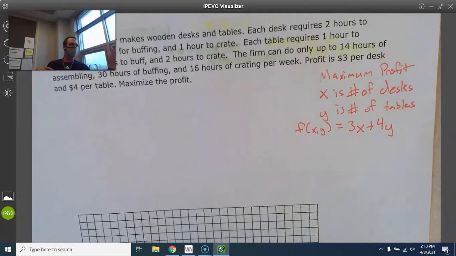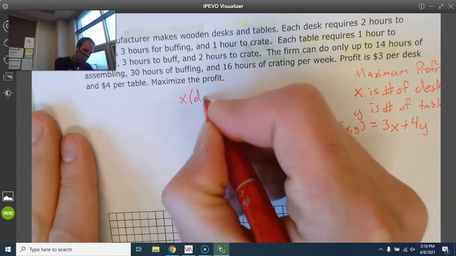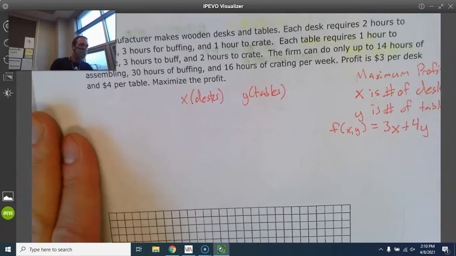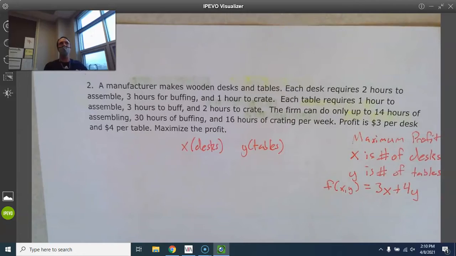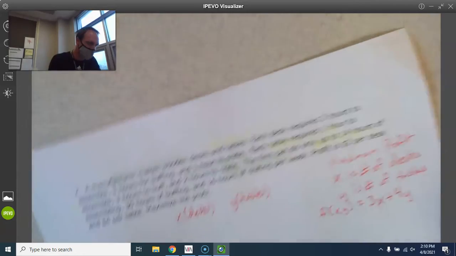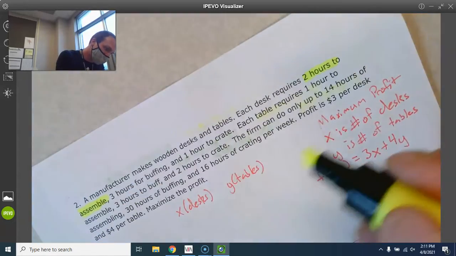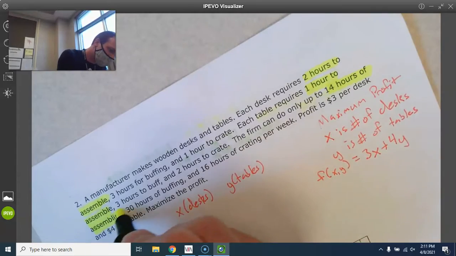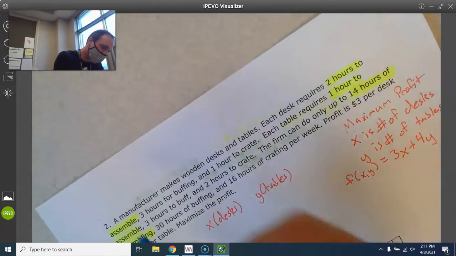Again, as I talked about in the last problem, we're going to have our columns. So x is desks. And then y is tables. Now, with my highlighter, I'm going to go through and find all of the things that are restrictions. So I have a restriction with my hours of assembly. I did that in yellow. In blue, I'm going to put the hours for buffing.